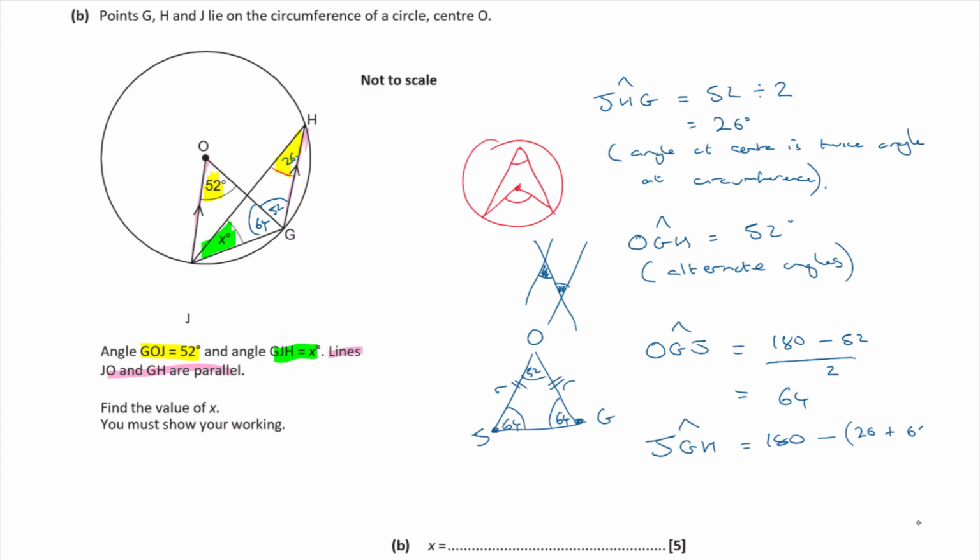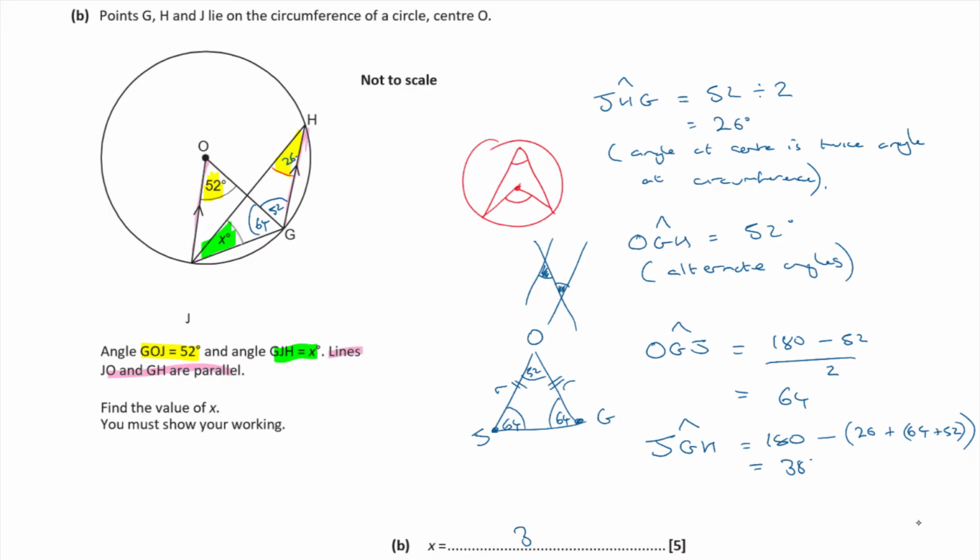So 64 plus 52 added together. If I add those together and take it away from 180, I'll be left with X. So what's that then? 26 plus 64 plus 52 comes to 142, and take that away from 180, that's 38 degrees, isn't it? Okay, so JGH is 38, and that's the answer I'm looking for.